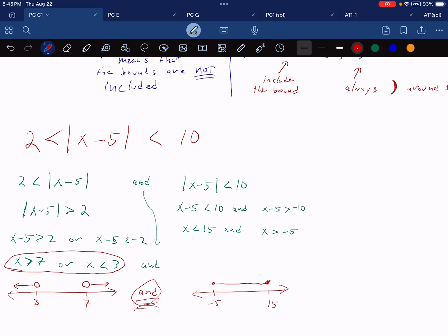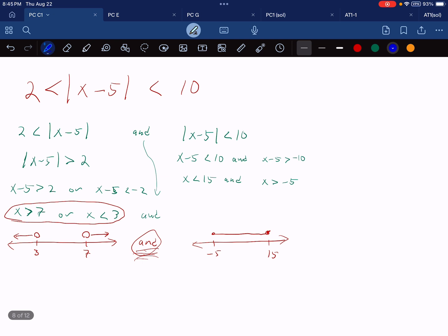So if I were to combine these two and do another solution with a number line, what I would get is, okay, starting at -5, then I'm going to have 3, then I'm going to have 7, then I'm going to have 15.